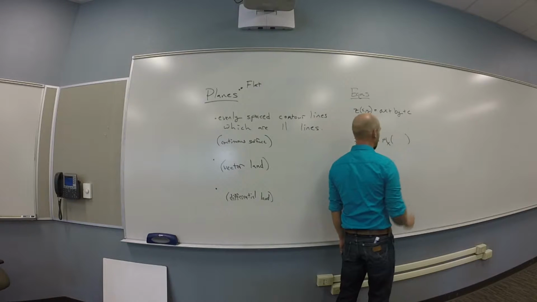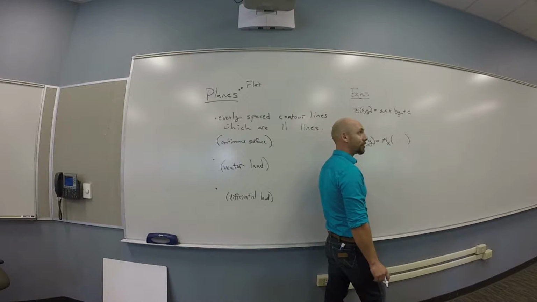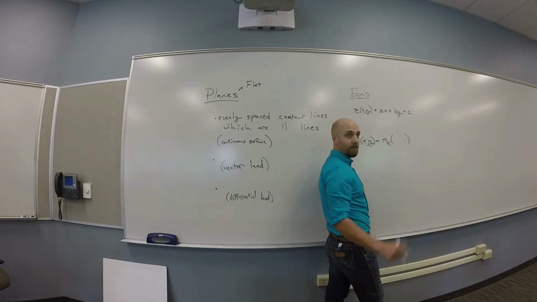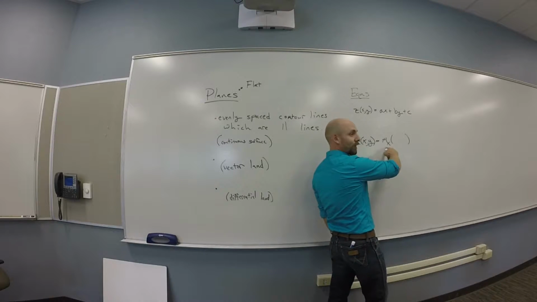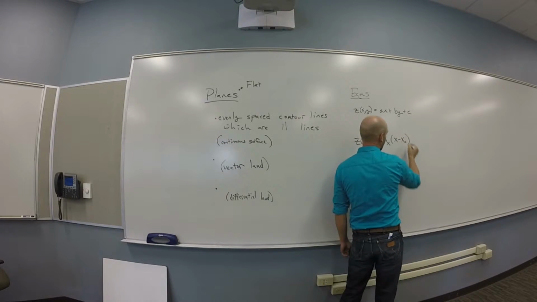And what should mx be multiplied by? I'm making an analogy here for point-slope form. Mx, the x slope, should be multiplied by some kind of change in x. So I'm going to put an x minus x naught here.